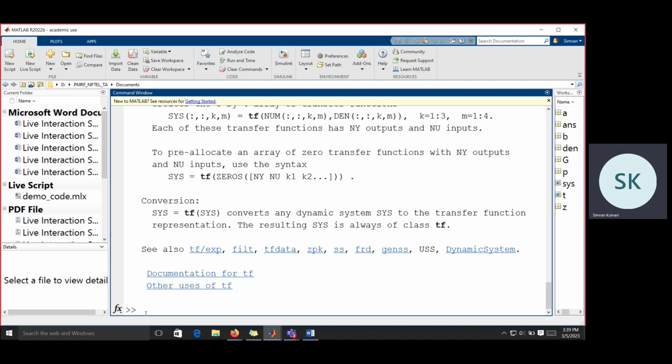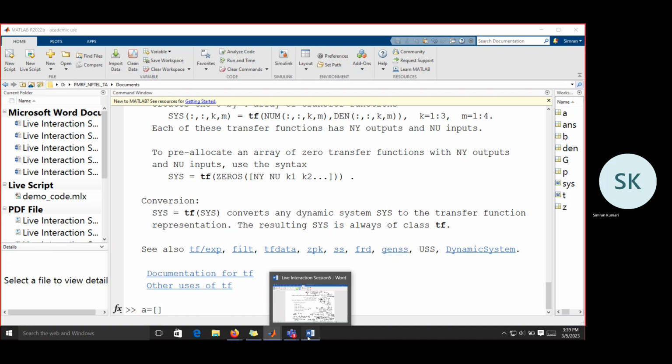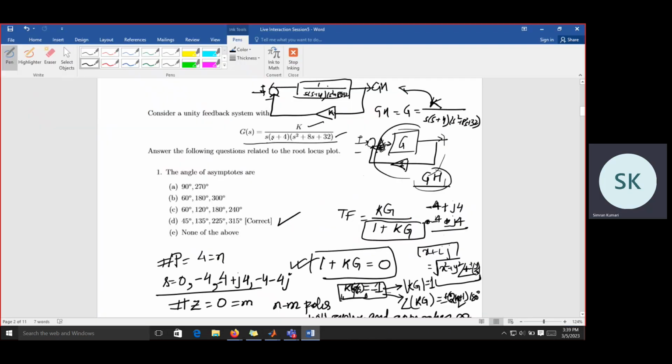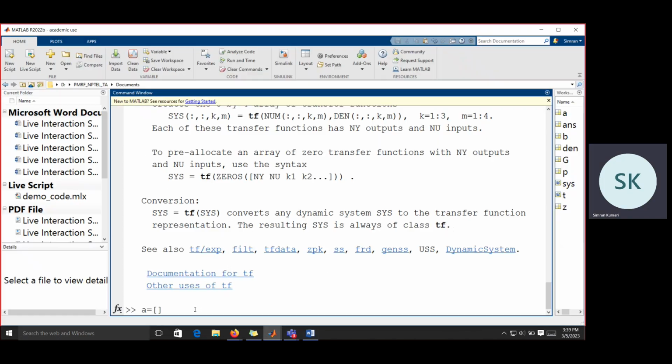We had one equation, s plus 4. What can we write this as? This will be s square plus 4s plus 0, multiplied with s square plus 8s plus 32. So we have s square, which is 1, then 4s, and then 0.